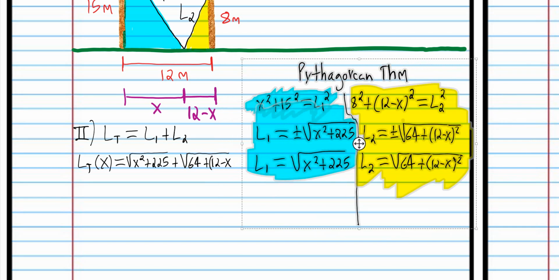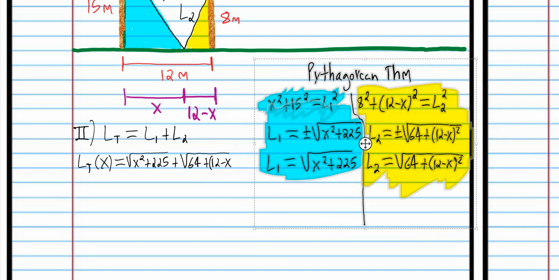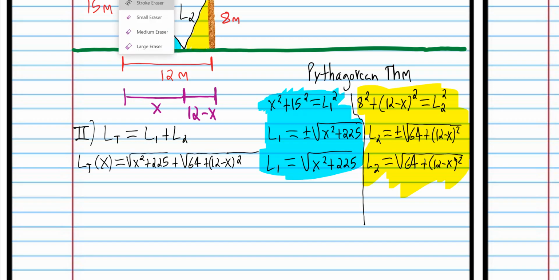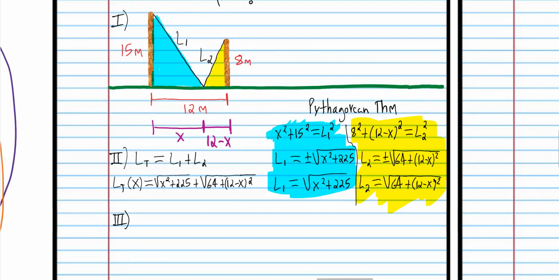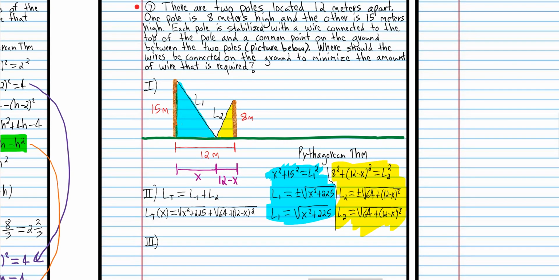I'm going to provide some more room here. So there you go. We finished step number 2. As you can see, step number 2 was pretty involved, so why don't you look over that, make sure you understand everything that we did.